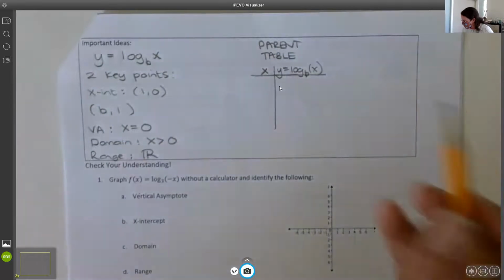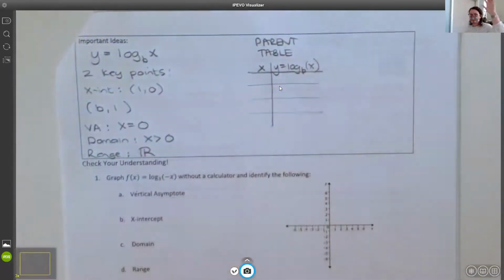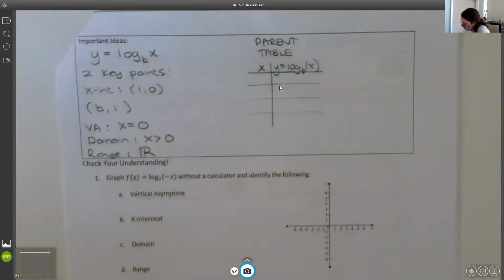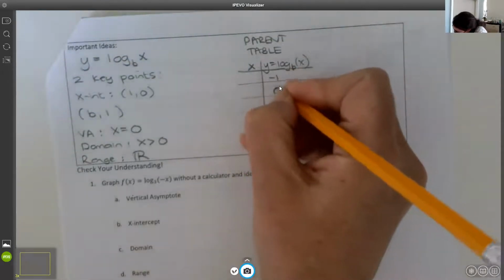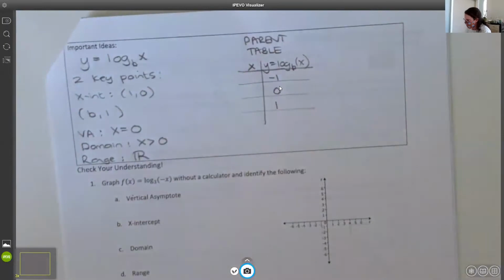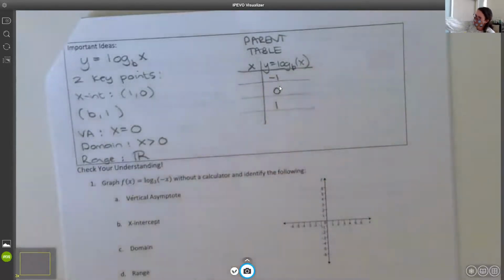So for an exponential function, what did we do? We really just focused in on those middle 3 points, and we went from our x values going from -1 to 1. And so for the log function, we're going to do a similar thing, but our y values are going to go from -1 to 1. And then our x values are just going to be the opposite of what they were in the exponential function.